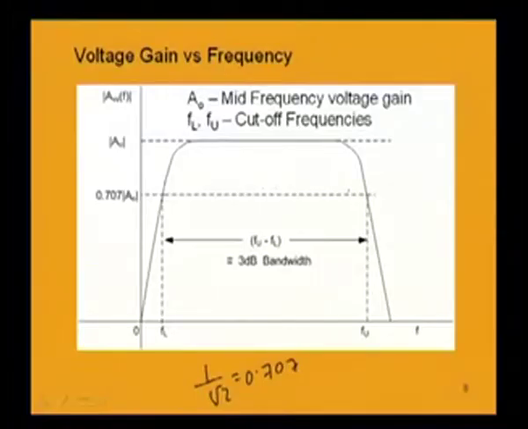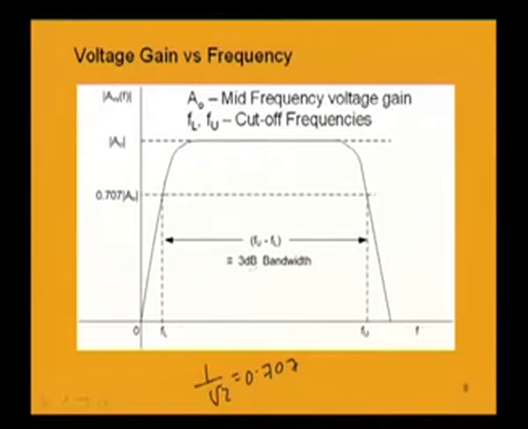So we consider that even if the voltage gain drops up to that level, still it is tolerable, and that is why this distance between the upper cutoff frequency and the lower cutoff frequency is called the bandwidth, 3 dB bandwidth. So 3 dB bandwidth, where it comes from, again that has to be seen.